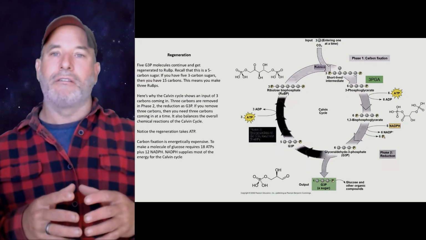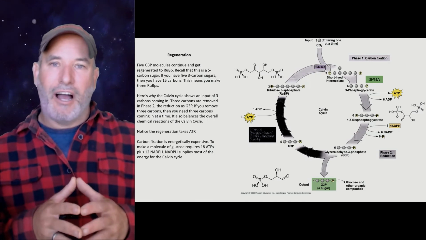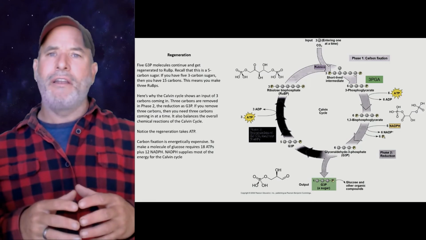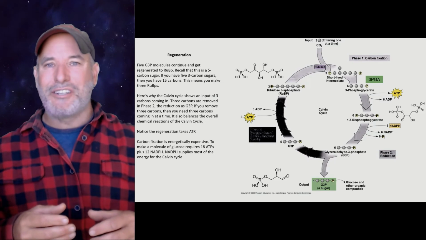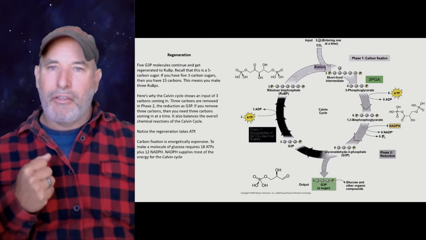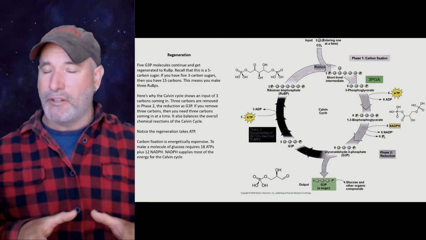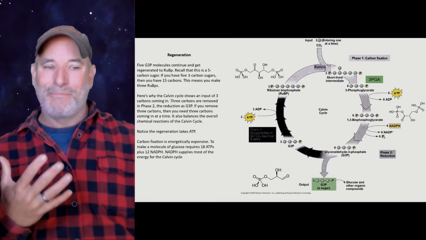In regeneration, we have to go from glyceraldehyde 3-phosphate, which is a 3-carbon compound, to ribulose bisphosphate, which is a 5-carbon compound. Okay, we're actually going to make 3 of the RuBPs. That's a total of 15 carbons. Okay, that's why we have 5.